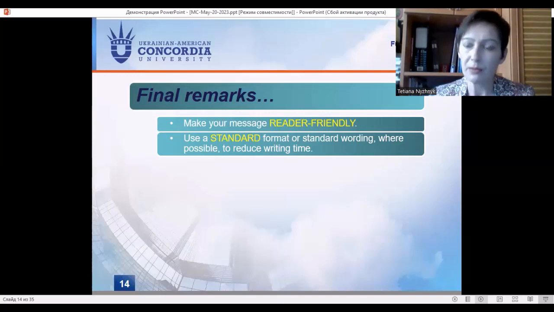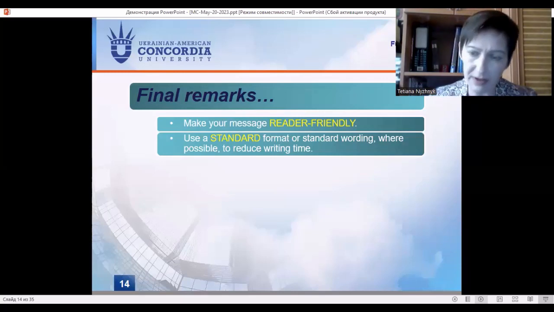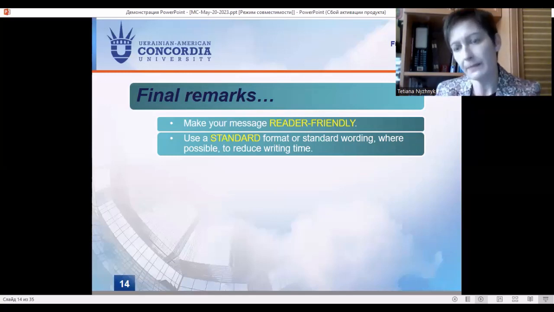Sometimes they help reduce the writing time. That is, you can use a cliche. One example would be writing letters of complaint. So you will use a standard formula to greet the reader, then a standard formula to close the letter, then standard formulas to actually complain.